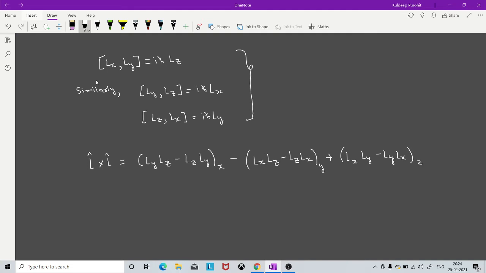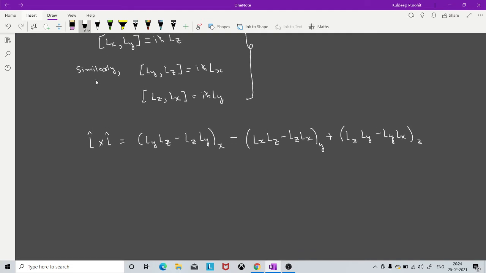So this will come out to be the commutator of Ly with Lz, minus the commutator of Lx with Lz, and the commutator of Lx with Ly.